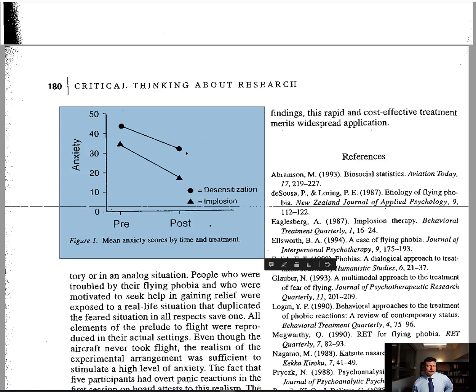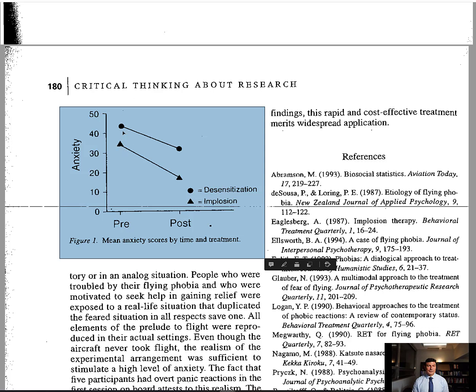However, again, if we think about it, we did this matching procedure at the beginning, and the two groups should have been matched. So these pre-test scores at the beginning should be almost exactly the same, and they're not. If we read through the article, we found out that people left the study.